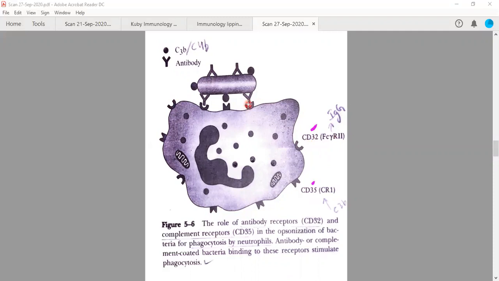This FC region can bind to this receptor and it will make a complex called receptor-ligand complex. And finally, these pseudopodia will come over this bacteria, and this cell, which is a neutrophil or macrophage, will engulf this coated bacteria. So this coating is known as opsonization, and eating is known as phagocytosis.